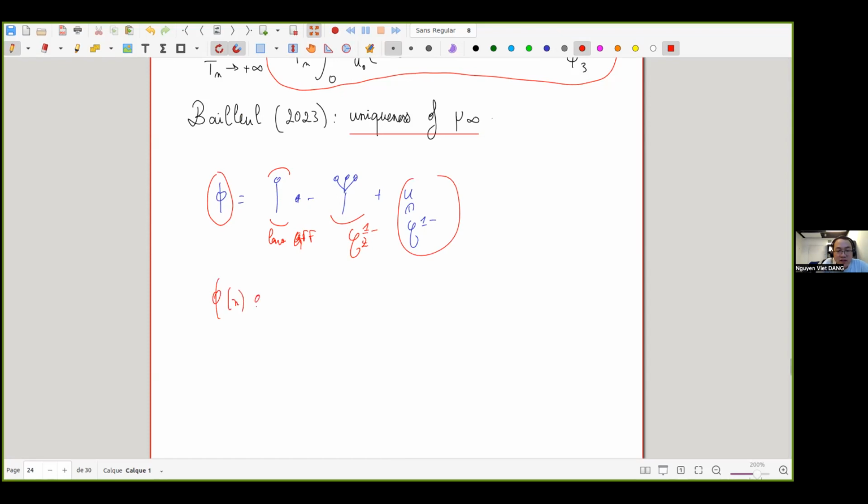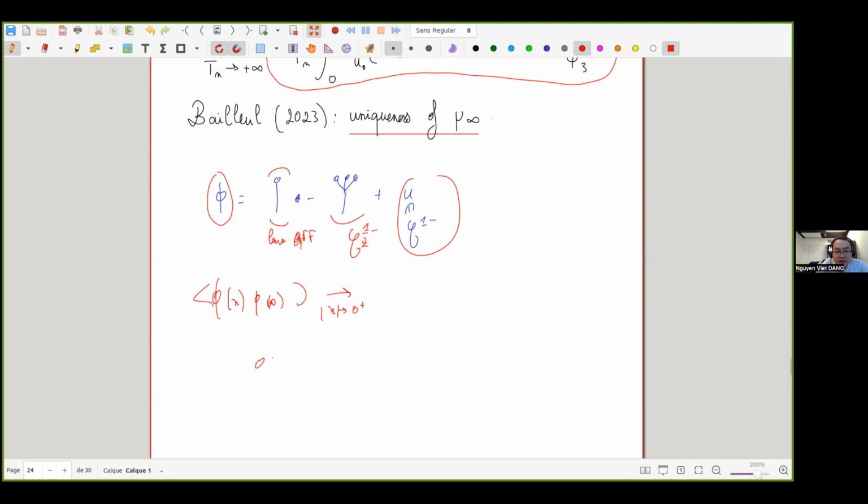So as a consequence of this, for instance, you can guess the short distance singularity when x goes to 0, when the norm of x goes to 0. For instance, you could deduce things because you know that the worst term in the expansion of phi is the GFF.